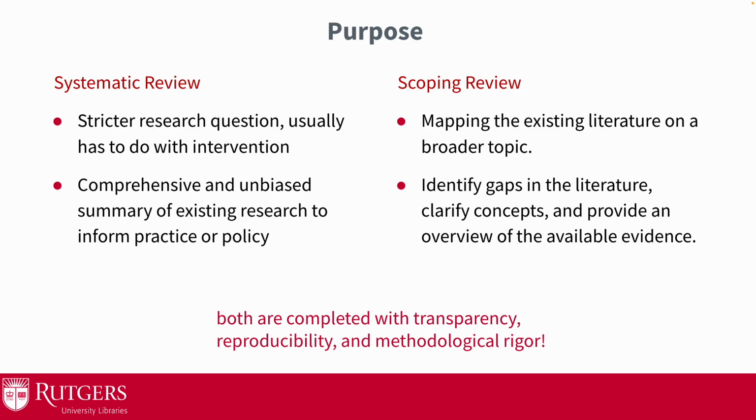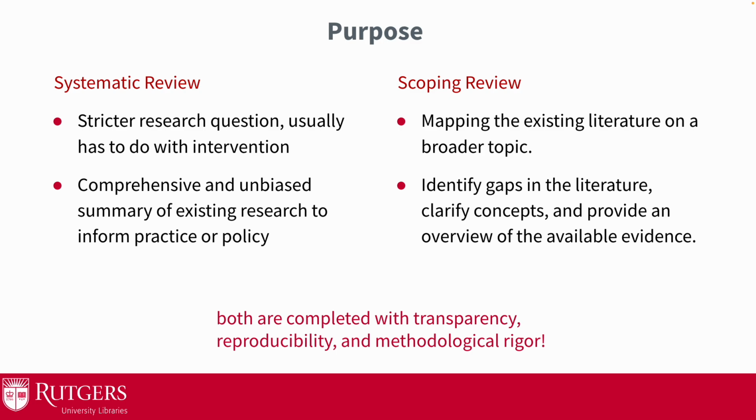As opposed to a traditional literature review, you are very clear about what search strategies you use, what databases you search, and the process of collecting the literature that you then try to assess for inclusion in your review. That does not differ based on either systematic or scoping review.